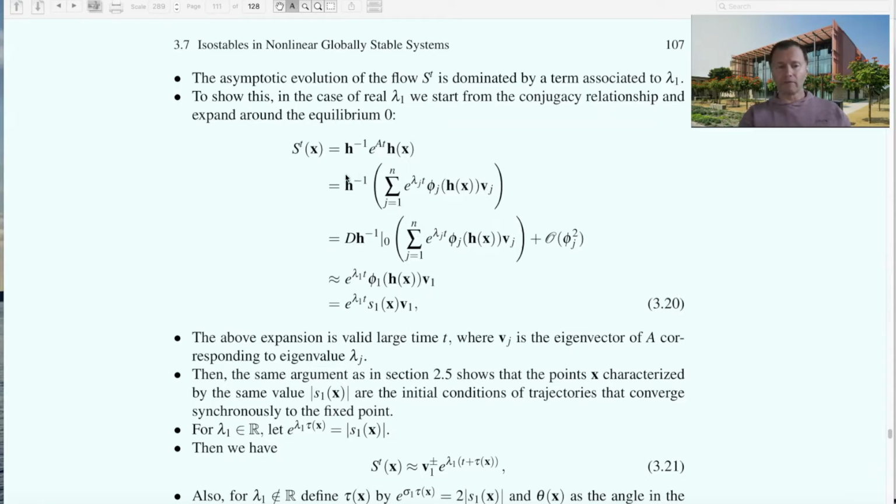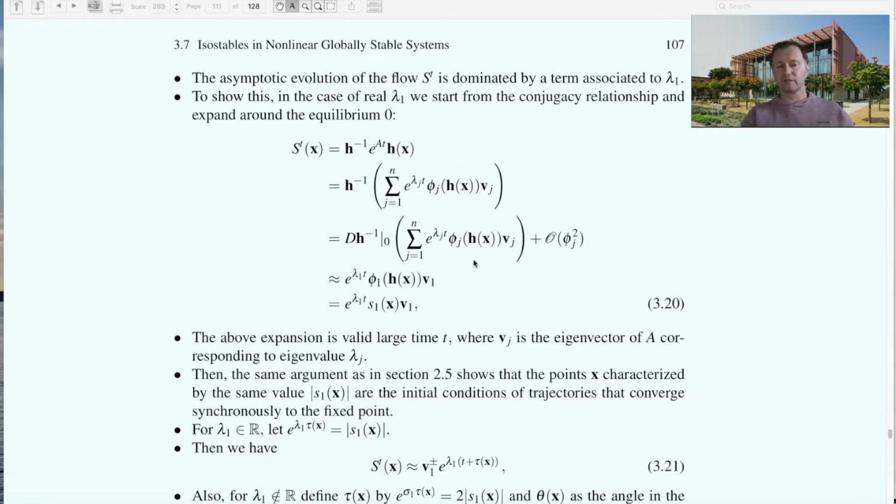So now we know that h of 0 is 0. The fixed point at the origin maps to a fixed point at the origin by conjugacy. And so h inverse of this argument, evaluated at 0, of course, when t goes to infinity, this is 0, gives us precisely 0. The h inverse maps 0 to 0 as well.